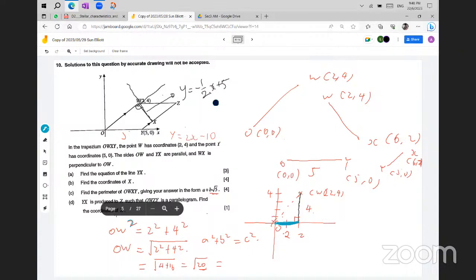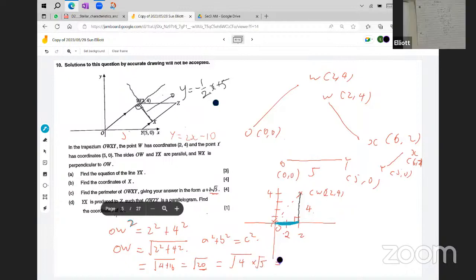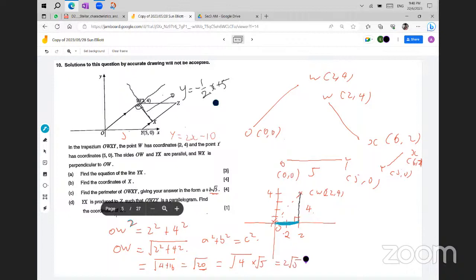Do you remember how to simplify square root 20? Square root 4 times square root 5, which equals 2 square root 5. So now you see where we get our B square root 5 from.